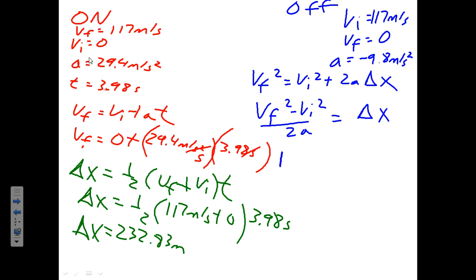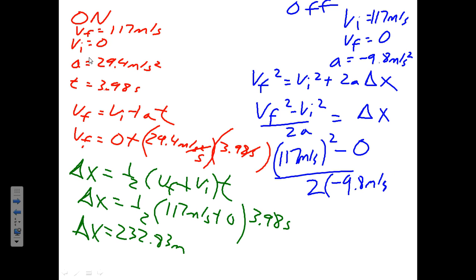So we got 117 squared minus 0 squared all over 2 times minus 9.8. Divide that out. 117 squared divided by 9.8. And we end up here with 1397.